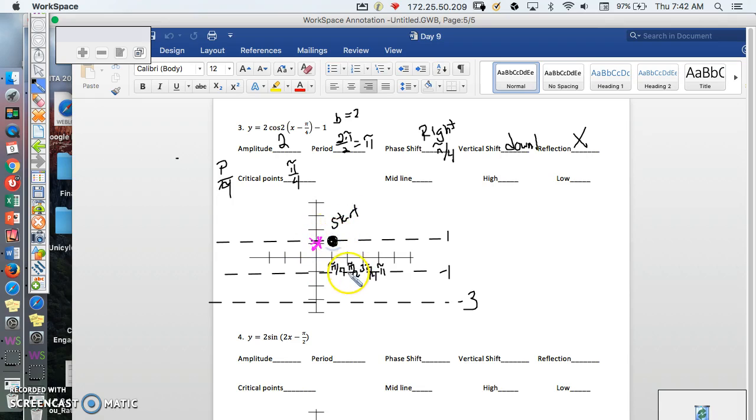So that's high, medium, low, mid, high, mid. So this one's high, so it's going to go mid, low, mid, high. And we have that graph there. And then we're done. So our midline was -1, the high would be 1, and low -3.